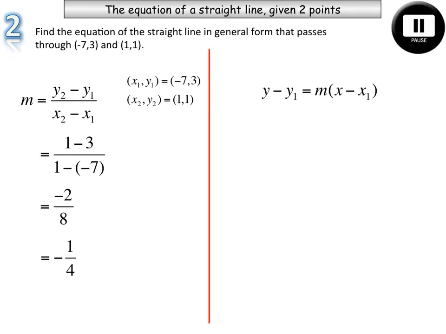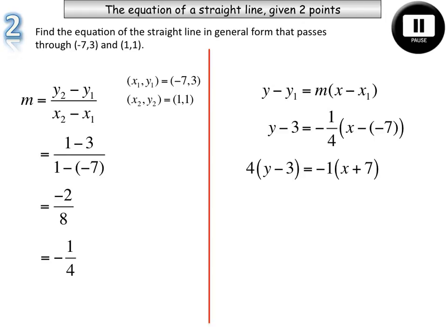Substitute that into our point gradient formula. So y minus y1 is equal to m, brackets x minus x1. I want to get rid of this 4 in the denominator, so I'm going to multiply both sides by 4.